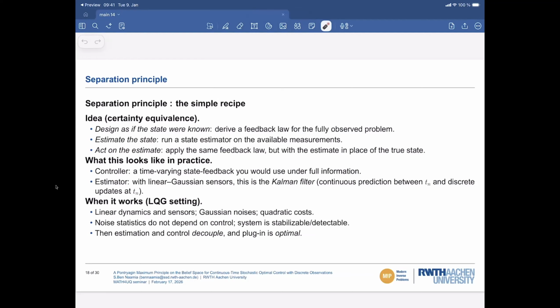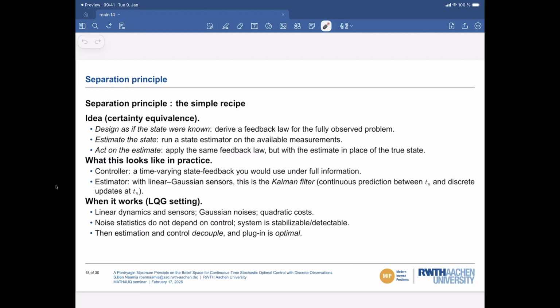So basically, you end up with a control, a feedback law of xt, for example. But then I don't have xt when I want to apply the control. What I will have is an estimate. So what you can do is plug in the best estimate that you have instead of using xt.